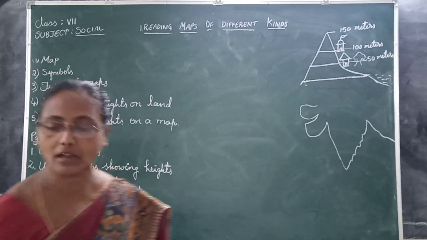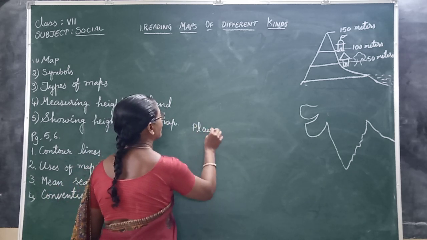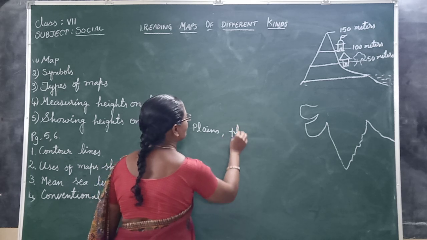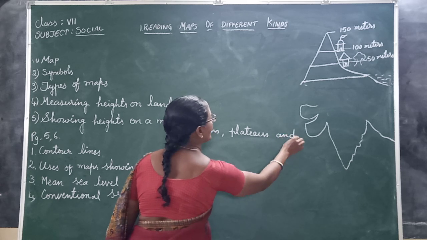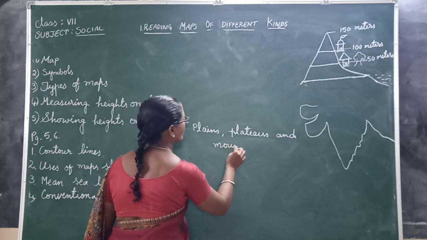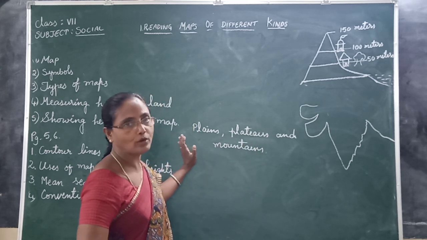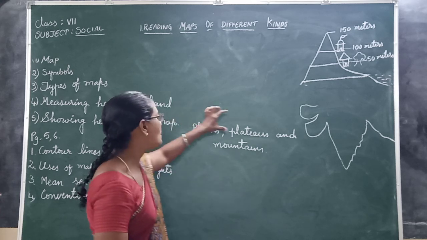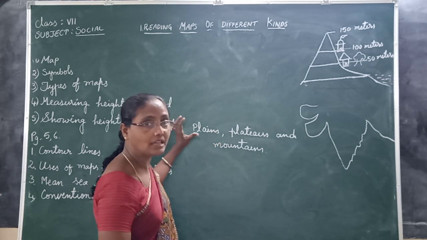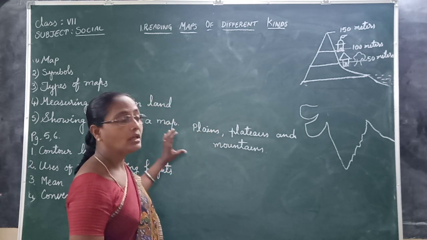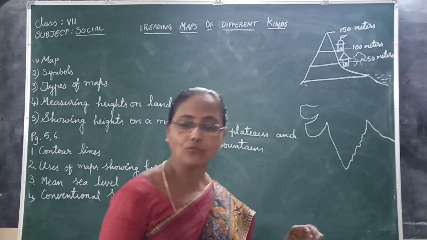Landforms are the plains, plateaus and mountains. These three are called the landforms. The contour lines will be in irregular shapes depending upon the landforms.